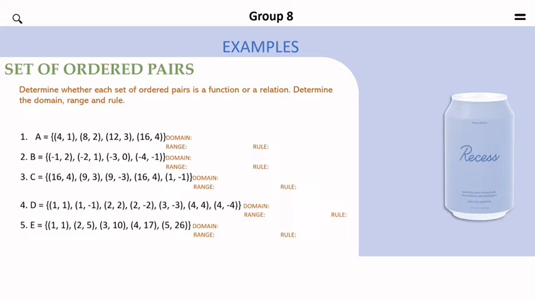Number 4. D is equal to (1, 1), (1, -1), (2, 2), (2, -2), (3, -3), (4, 4), (4, -4). Number 5. E is equal to (1, 1), (2, 5), (3, 10), (4, 17), (5, 26).